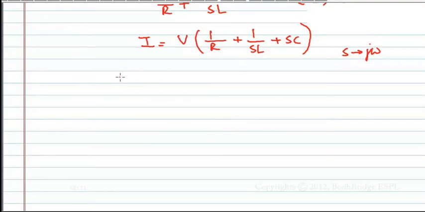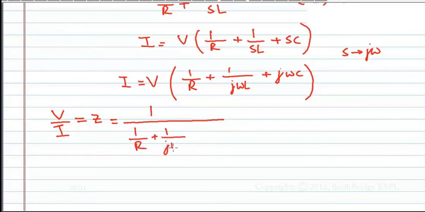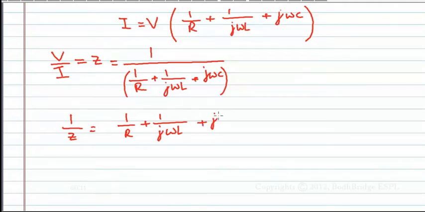So I equals V into 1 by R plus 1 by j omega L plus j omega C. Now V by I is generally called Z, the impedance. Therefore 1 by Z is 1 by R plus 1 by j omega L plus j omega C.